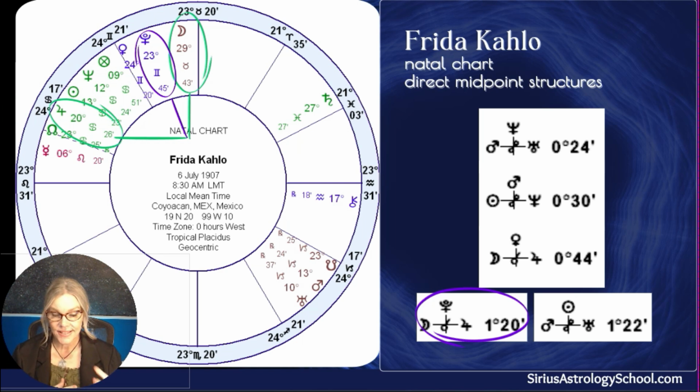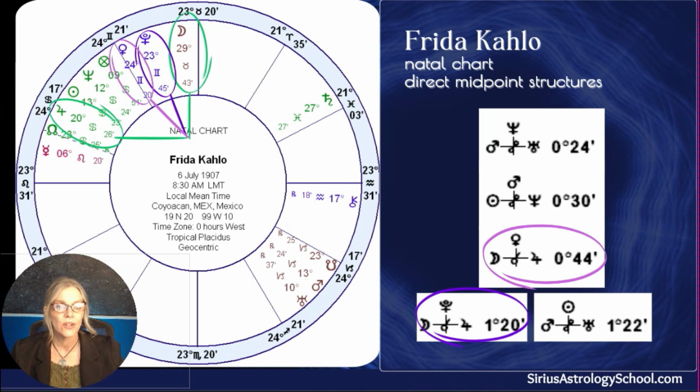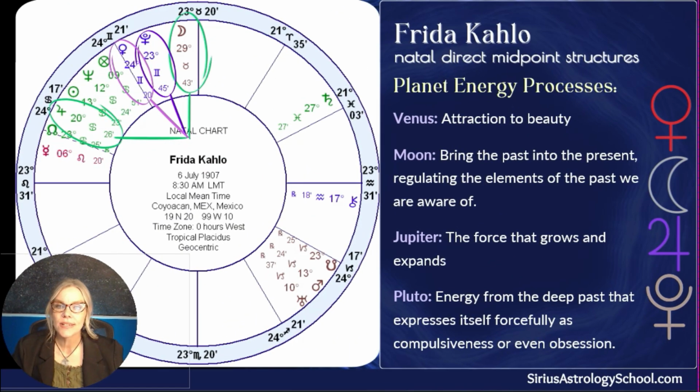They had a 36-minute orb, so they are aspecting each other, and they are creating a 4-planet pattern here with these two midpoint structures. As you can see here, I've circled them all, and again, like I said, it's because the angles are the same. And so this is really an important part to Frida, and I'll explain to you why I feel that way. So here's the planet energy processes of the planets in this midpoint structure.